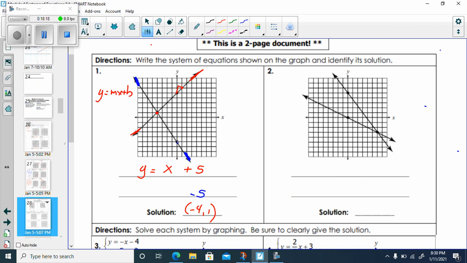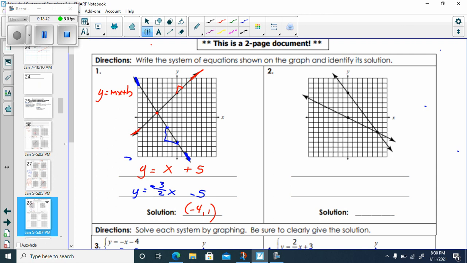Now we need to find our slope. Let's find 2 points where the points are on the grid lines. This is down 1, 2, 3, and over 2. Y is equal to -3/2 x minus 5. There are our two equations.